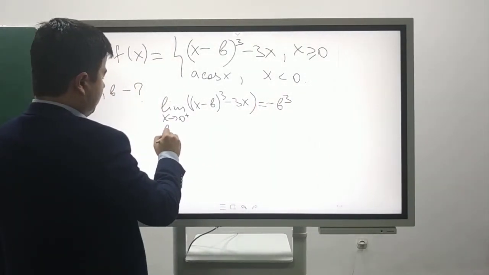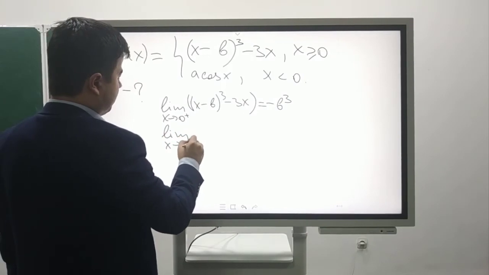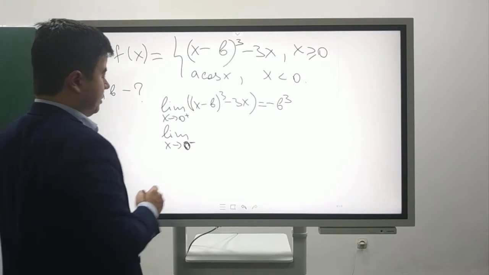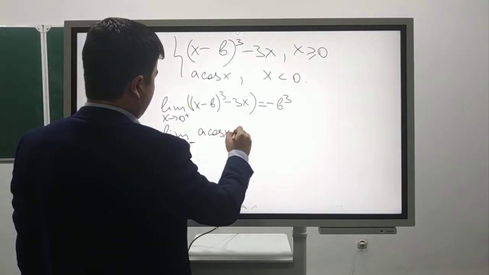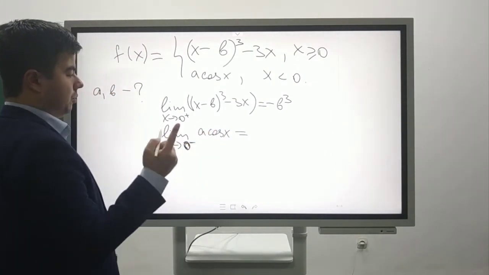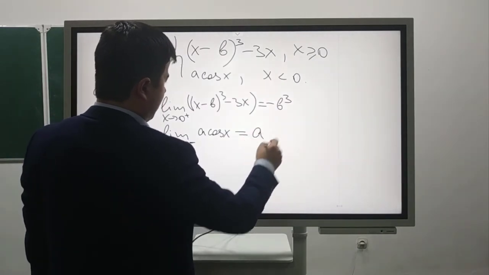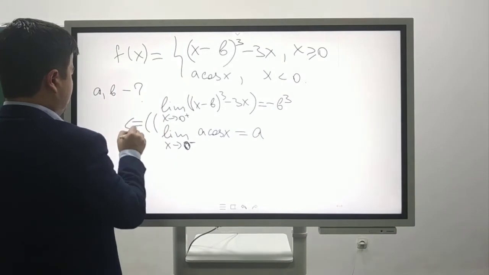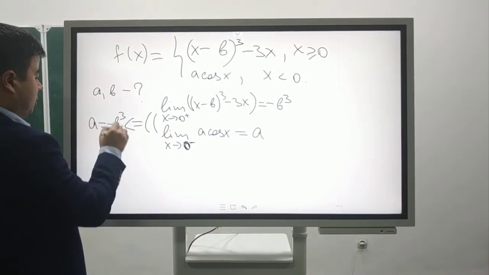Now x tends to 0 minus. It is a cosine x, and if we put 0 here, it is cosine 0, which is 1, and just a. They should be equal. We get a equals minus b cubed. So this is the first equation.